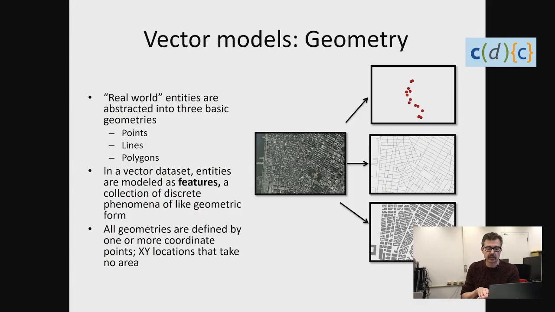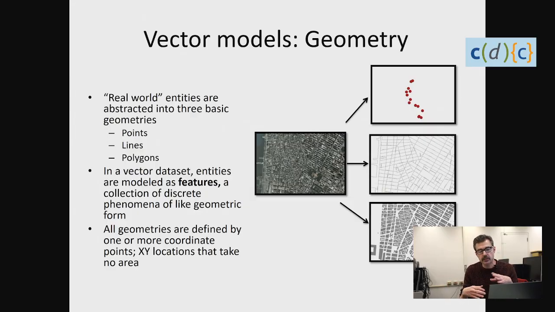And those features all have the same geometry and the same attributes. And the geometry is almost always a point or multi-point geography, which takes up no space, a line geography, which is two or more coordinate points that are logically arranged, and also doesn't have an area, or a polygon geometry in which you have three or more logically oriented coordinate points that do define some area.